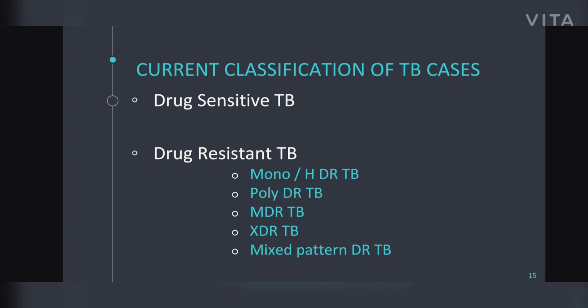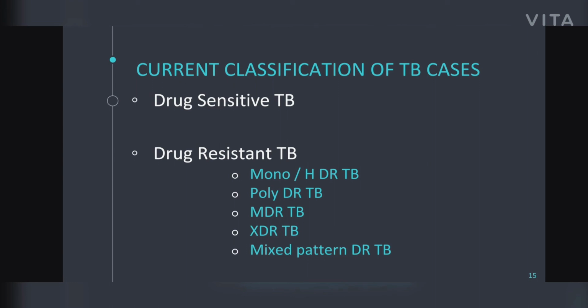But here what I would like to explain is mixed pattern, which sometimes creates confusion, because when you read this, mixed pattern may be missed in the definition. Mixed pattern is nothing but MDR TB with drug resistance other than fluoroquinolones and second line aminoglycosides.